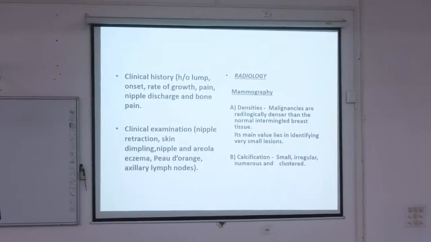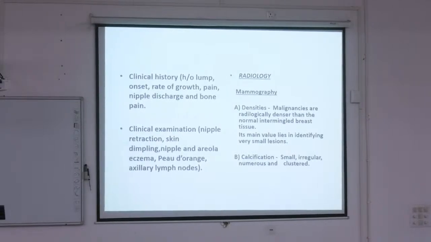Some breast cancers just present as radiodense masses without any palpable mass, and that's where the importance of mammography comes into play. It helps to identify the small breast lesions or the small breast malignancies.